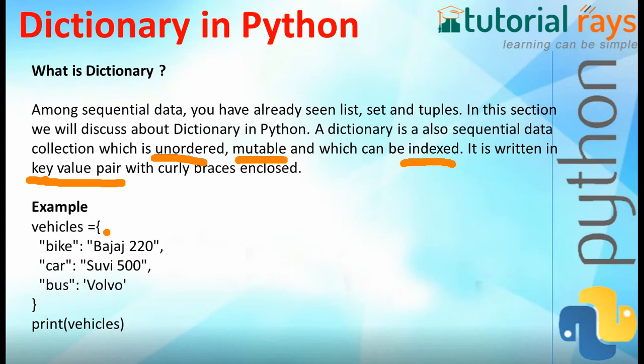Here you can see curly braces, and then key and value, key value. So it is written in key value pairs. Ultimately, if you print vehicles, it will display the value.